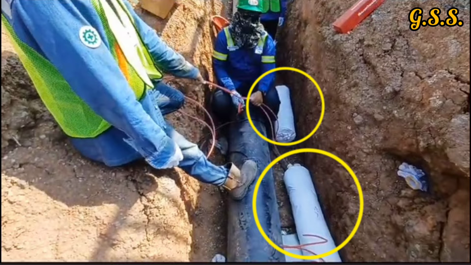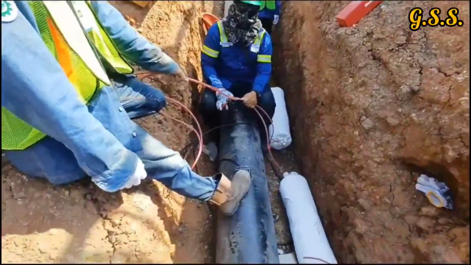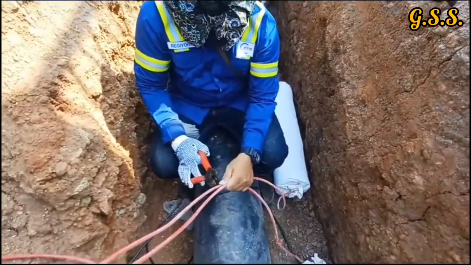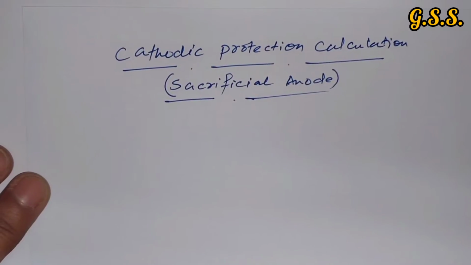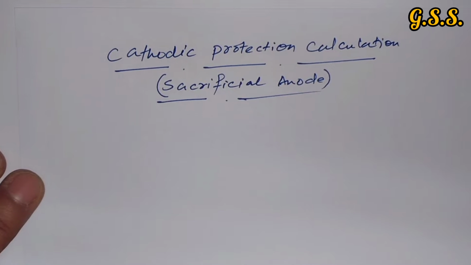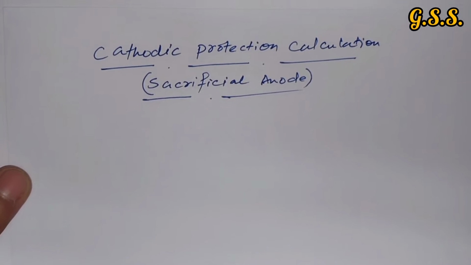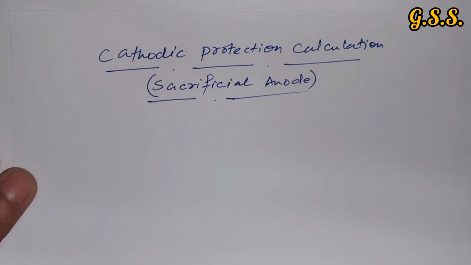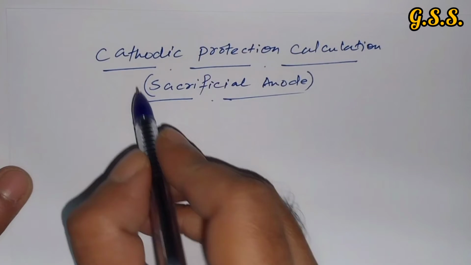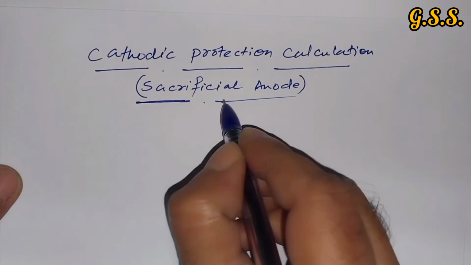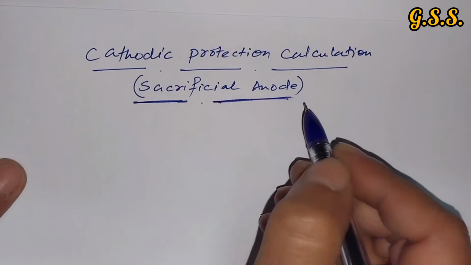Let us see the cathodic protection calculation for calculating the number of anodes and anode distribution along the buried pipeline. Suppose we want to protect one 16-inch, 2.5 kilometer length of underground pipeline by a cathodic protection system using sacrificial magnesium anodes.